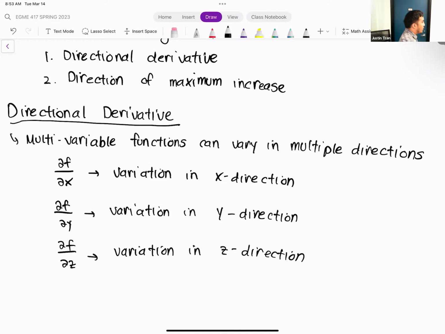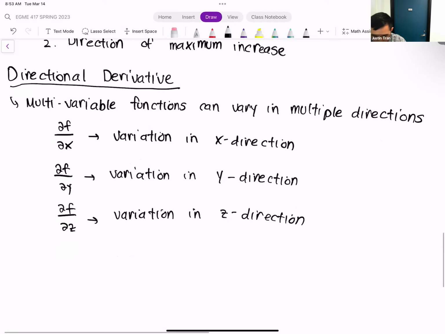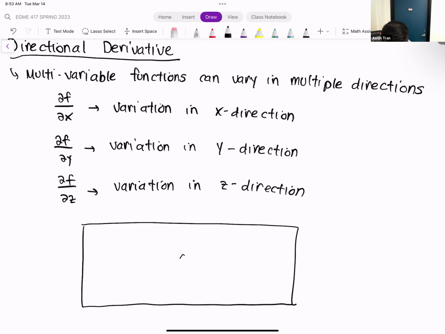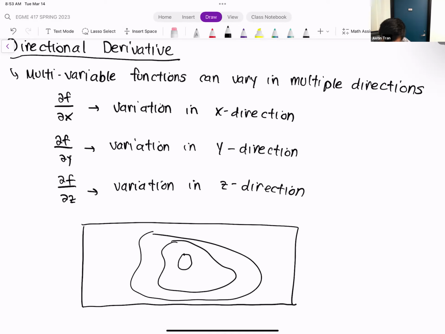Okay. And so I think the easiest, most illustrative analogy that I can think of is a topology map. Right? So remember we talked about last Tuesday, a topology map shows the relative heights in a certain area. Or kind of the little egg yolk in the middle of that plot.